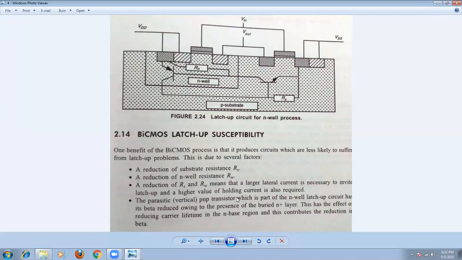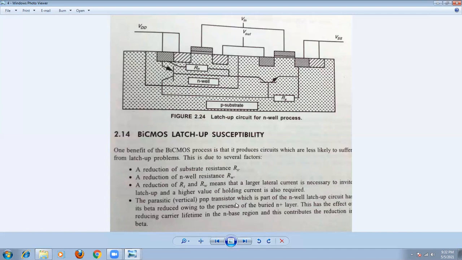Therefore, to reduce the latch up mechanism in the CMOS process, we have two transistors, one PNP transistor and one NPN transistor. The product of beta 1 of the first transistor and beta 2 of the second transistor must be less than 1; then only can latch up be avoided.